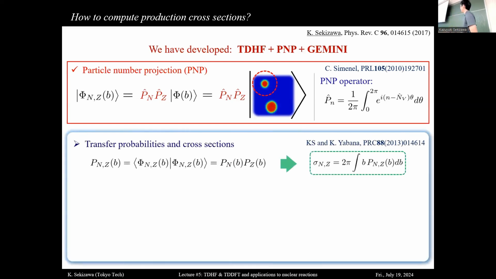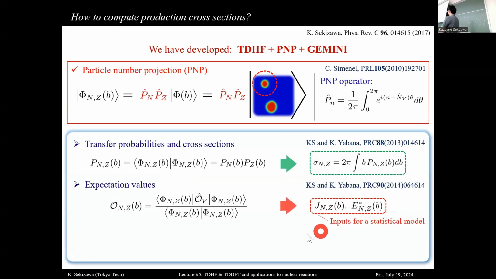So we can perform this kind of calculation, and we can calculate the transfer probabilities, and by integrating over the impact parameter, we can calculate the cross section, which can be directly compared with experimental data.